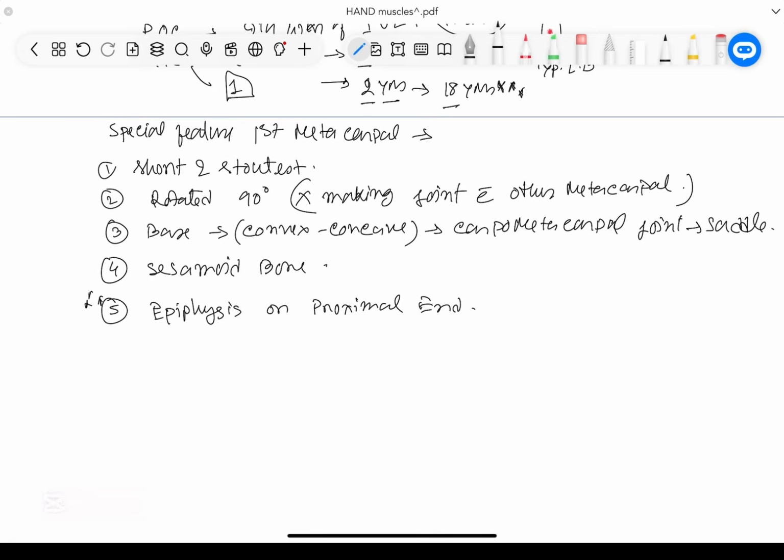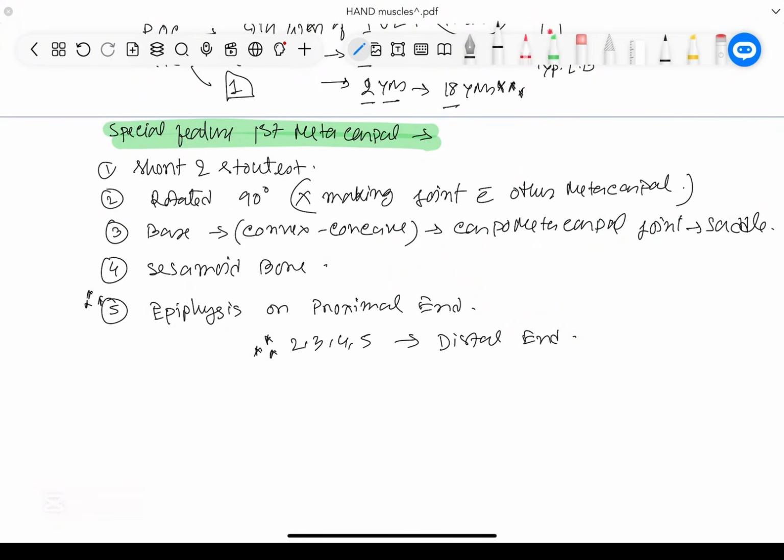It is a very unique feature of the first metacarpal. But in the other metacarpals, second, third, fourth and fifth, the epiphysis is located at the distal end. This is very unique information we have to remember. So the location of the epiphysis is quite unique in the first metacarpal, and the first metacarpal is a little bit unique compared with the other metacarpals. Okay.